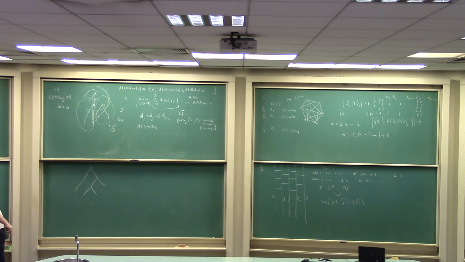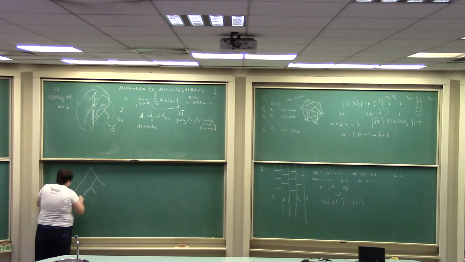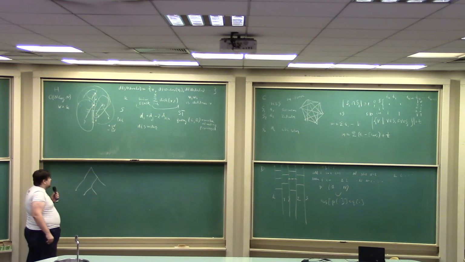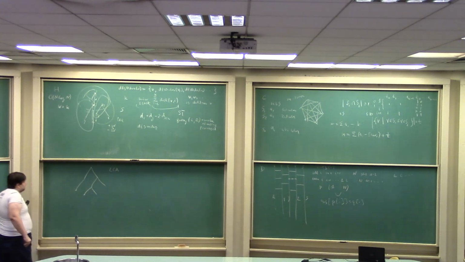And we want to quickly answer, for any two vertices in this tree, what is the least common ancestor. So there are several ways to do this.